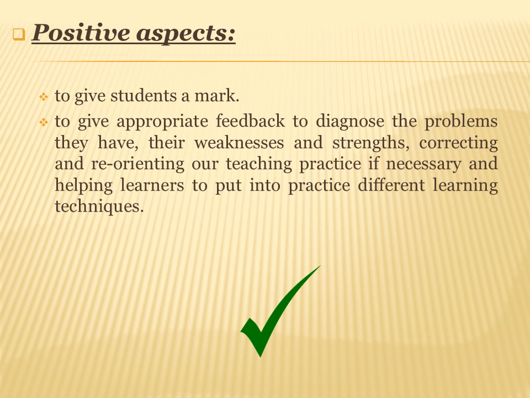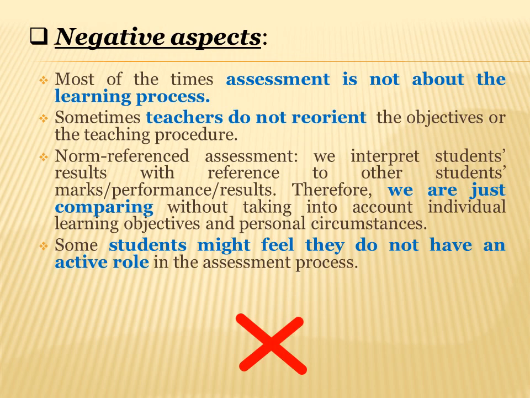Now let's talk about the negative aspects. When we talk about negative aspects, we can talk about one of them, which is that most of the times assessment is not about the learning process. Most of the times assessment is about the results of our students.